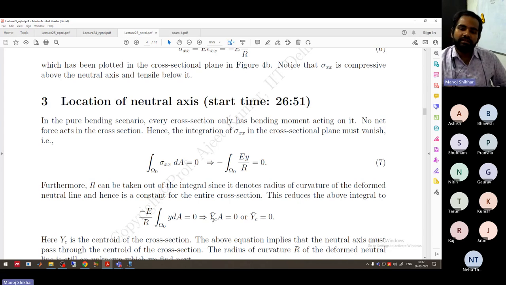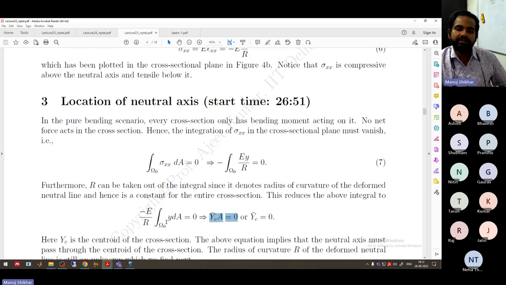Okay. If you remember from your class 11, this is the formula for centroid. So centroid into area will be 0. If I divide the integral of y dA by the integral of dA, I get the centroid.